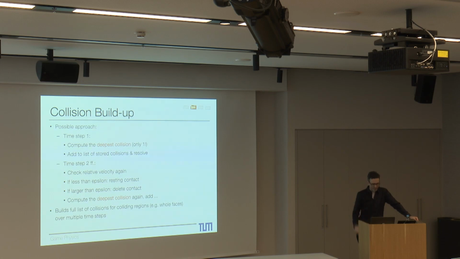So quite a few heuristics go into this, but the main idea is that we keep on building up a list of collision points to cover larger regions over the course of several time steps. Because if you think about the alternative, doing this in a single step would actually require some kind of clustering or detection of geometry in the collision points, which is potentially a bit tricky.